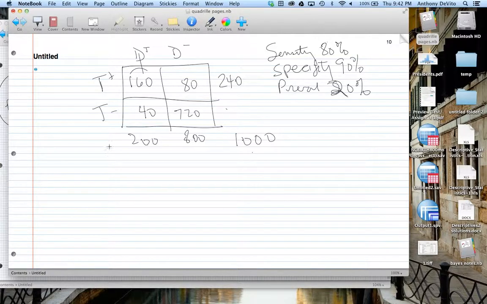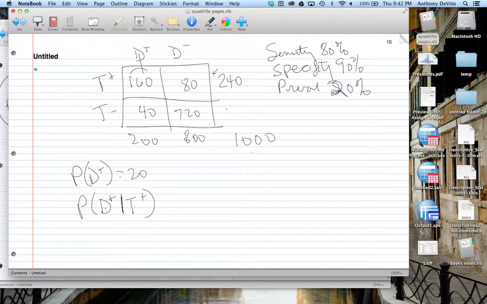So if I ask you, what's the probability of having the disease? Well, that's just our prevalence. What's the probability of testing positive? What's the probability of having the disease given that you have tested positive?